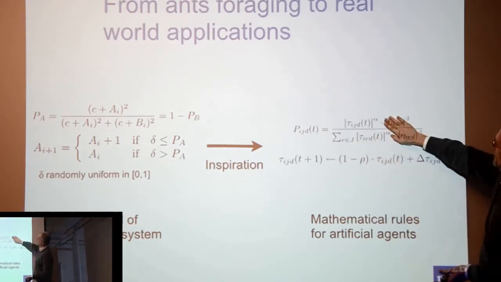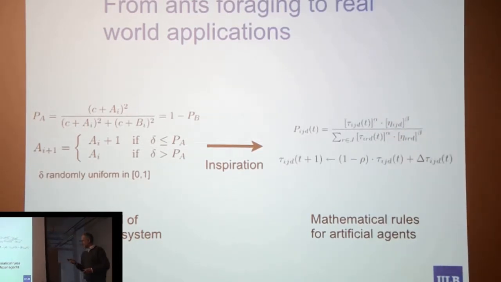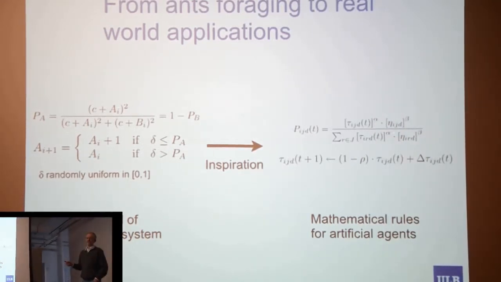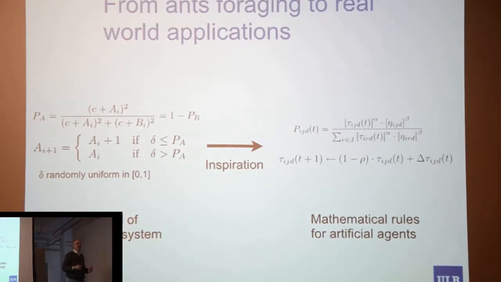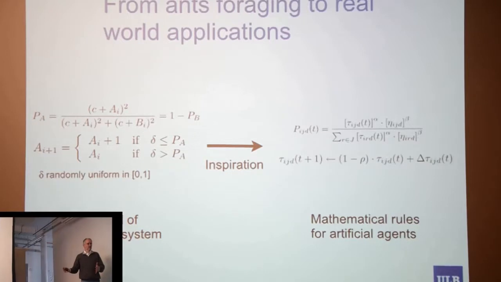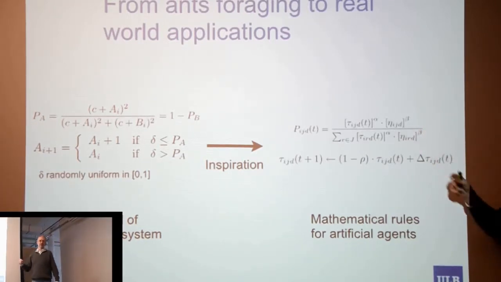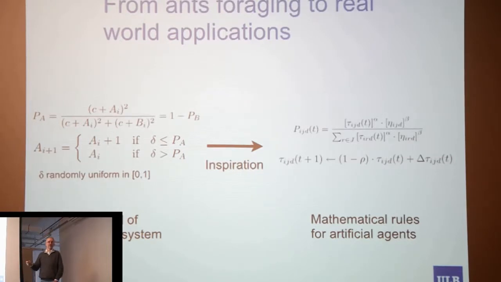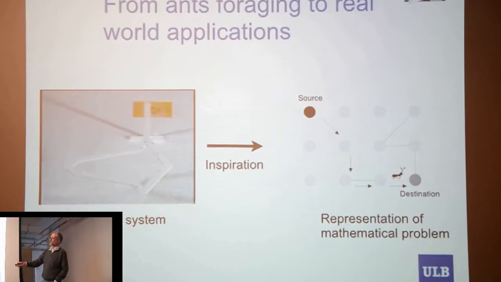Basically, if you remove this part, it's the same equation as there. And then we added this part, which is some additional information that we can use because we are engineers, because we know the problem that we are solving. That is necessary because the problems that we are solving are much more complex than the simple problem of selecting between two paths that is solved by the ants.